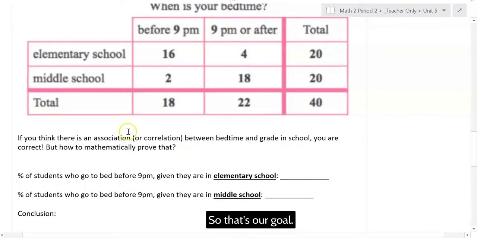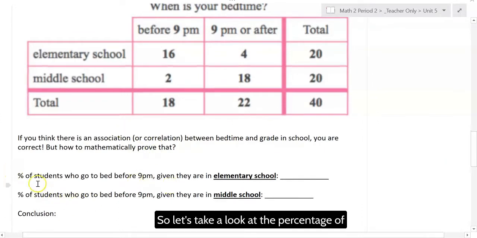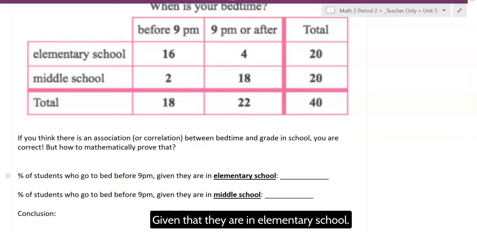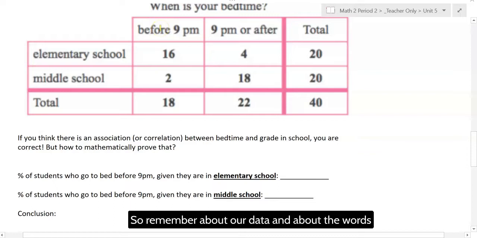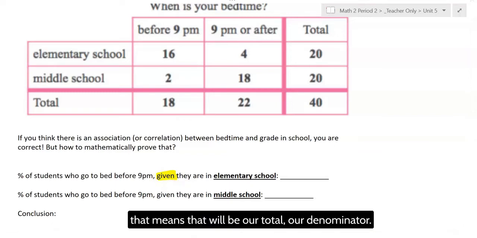So that's our goal. Let's take a look at the percentage of students who go to bed before 9 p.m. given that they are in elementary school. Remember about our data and the words in our problem. Every time that we say given, that means that will be our total, our denominator.